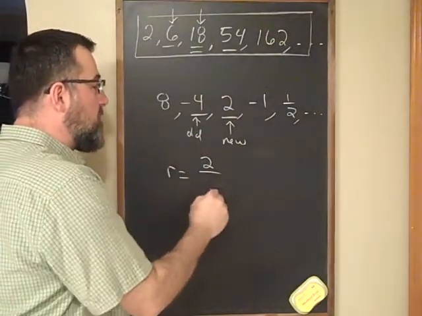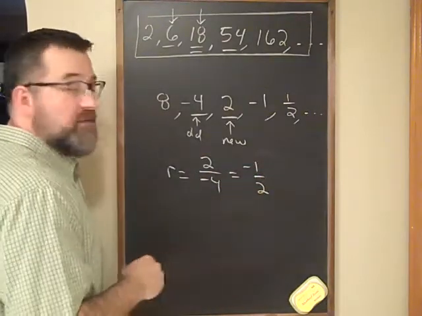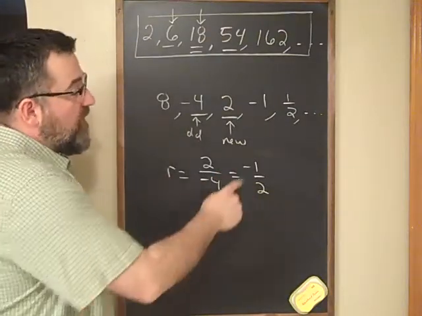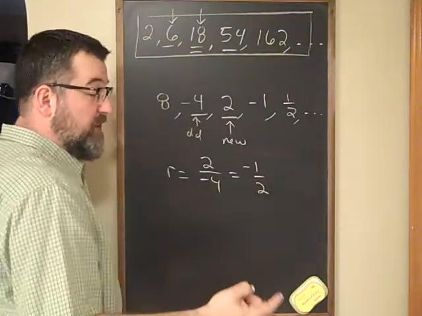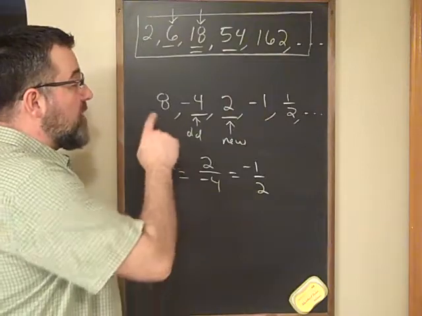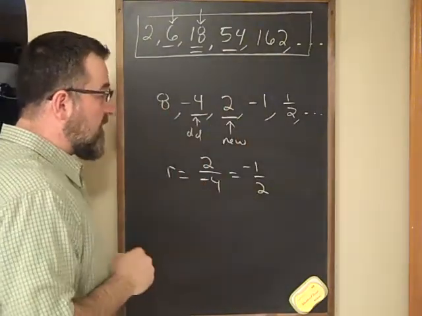So 2 divided by negative 4, which would be negative 1/2. You see we have a constant ratio that's negative. And if you consider that the absolute value of negative 1/2 is between 0 and 1, which it is, you can see the overall value of the terms is going down. 8, 4, 2, 1, 1/2, etc.